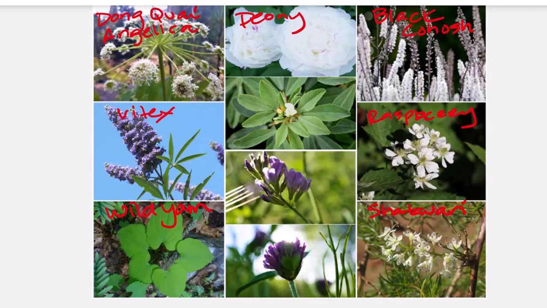Okay, and then we have the white peony, and the root is used with that. And then we also have fenugreek, and you'll see that there is some research literature related to fenugreek and the male reproductive system, but from what I've seen with fenugreek, it's certainly a galactagogue, so it will increase breast milk, both quality and quantity.